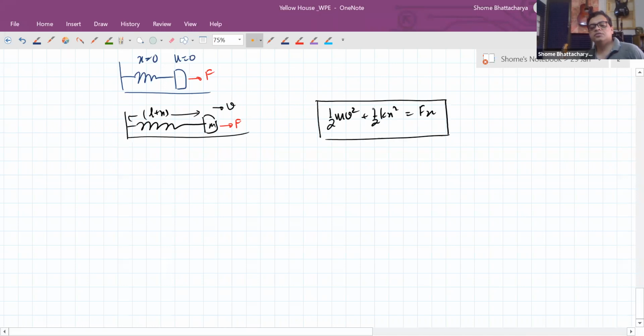This is the application of work energy: change in kinetic energy plus change in potential energy of the spring is equal to work done by F.